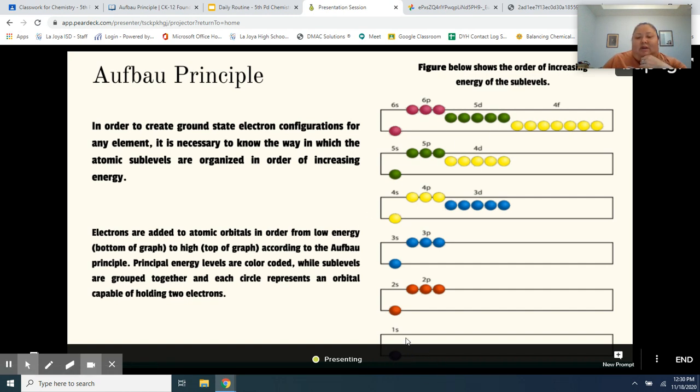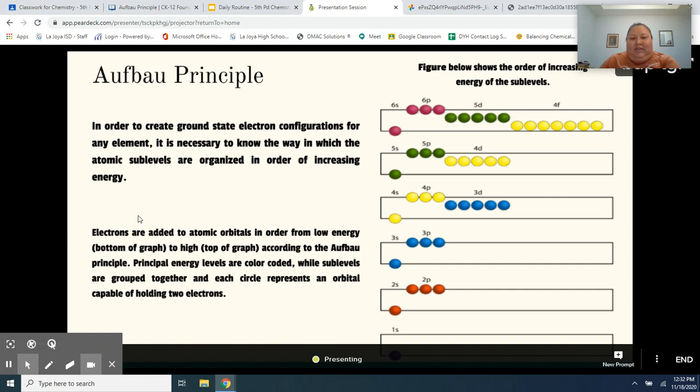Okay, you have down here 1s, 2s, 2p, 3s, 3p, 4s, and so on and so on. And you can see the order right here. And here you have the definition of Aufbau's principle. Electrons are added to atomic orbitals in order from low energy, bottom of the graph, to high energy.